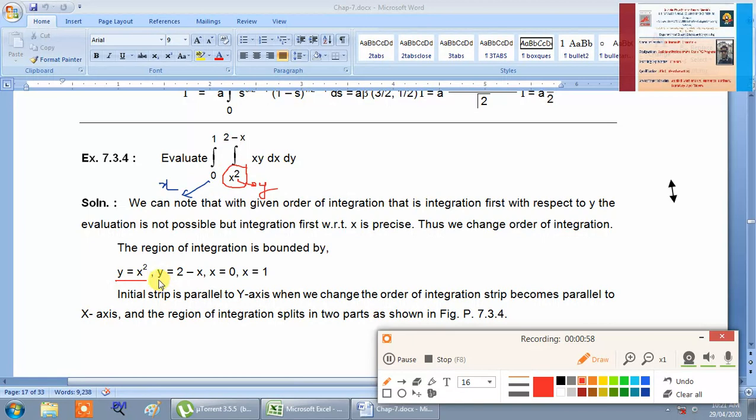The second curve is y is equal to 2 minus x. The third curve is x is equal to 0, and the fourth curve is x is equal to 1. So these four curves are bounding the region of integration. Let us go for sketching all these four curves one by one.